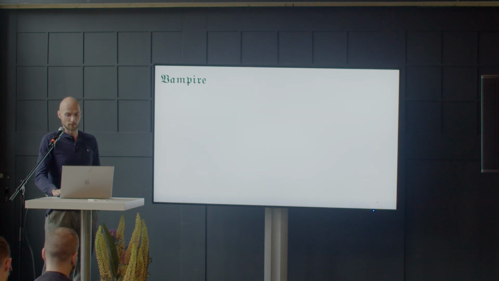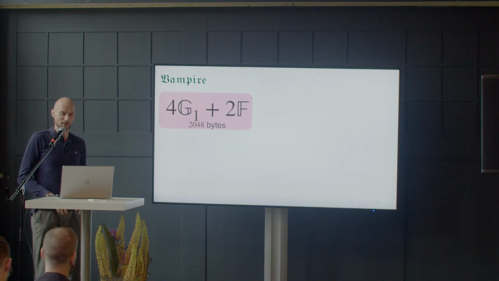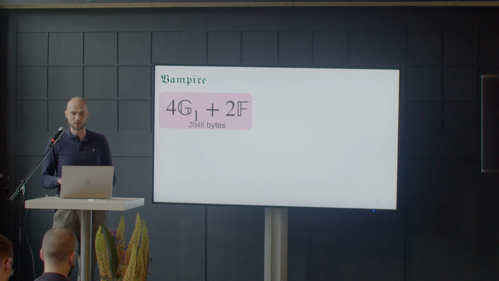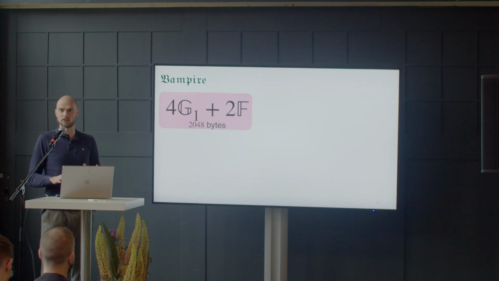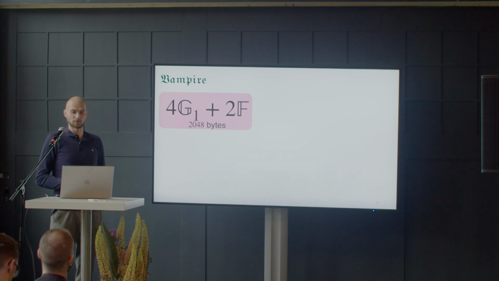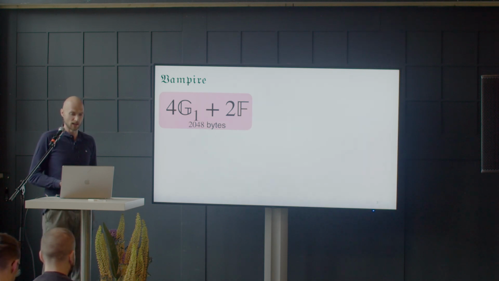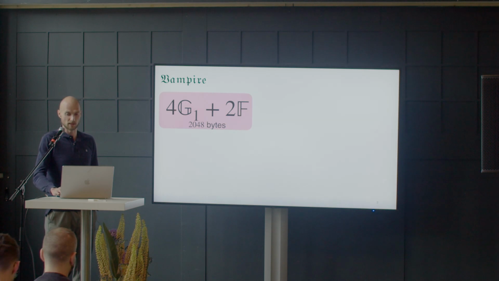Okay, so Vampire. Our zkSNARK needs only 4 group elements and 2 field elements to show that a statement is true, regardless of the size of the statement. This is a really nice improvement over the past schemes.